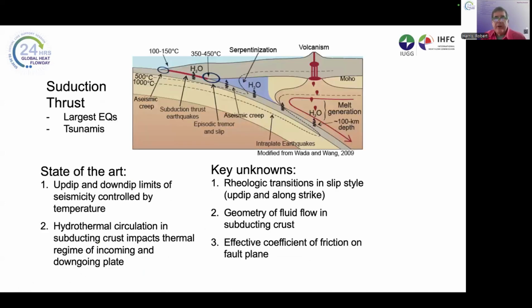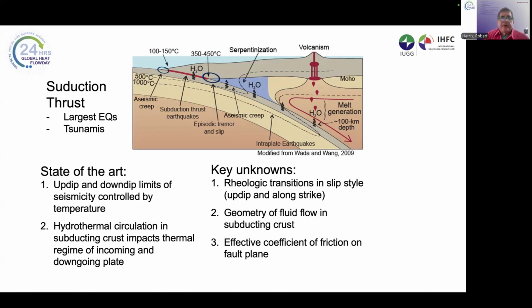Okay, subduction thrusts. We know that the seismogenic zone in subduction thrusts is generally influenced by temperature bounds. It typically occurs where the 100 to 150 degrees C isotherm intersects the subduction thrust, and kind of turns off where the 350 to 450 degrees C isotherm also intersects the crust.